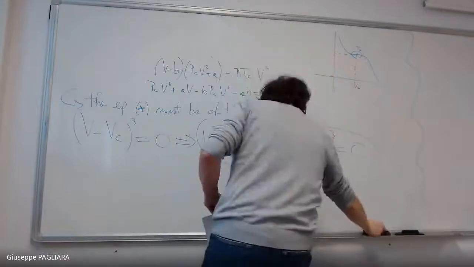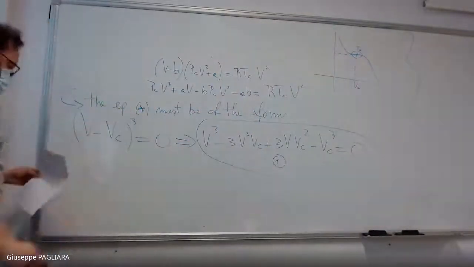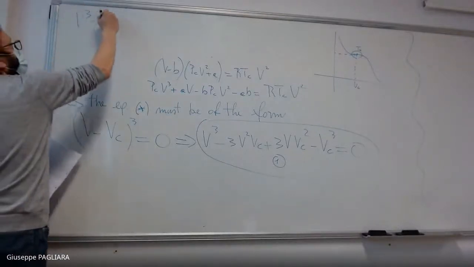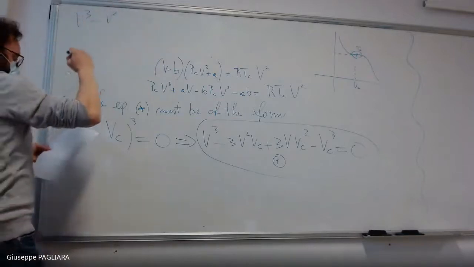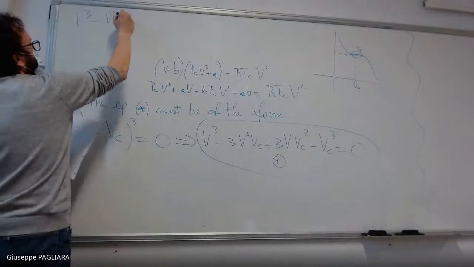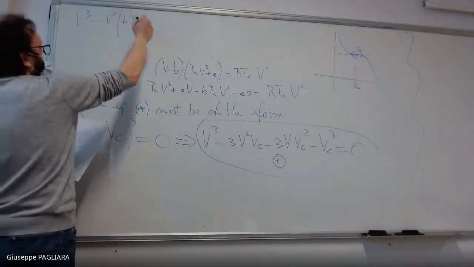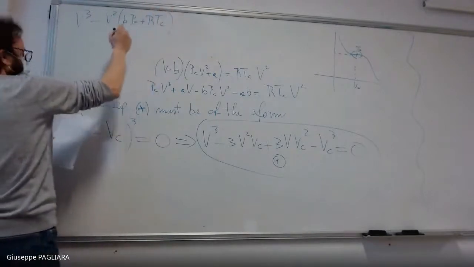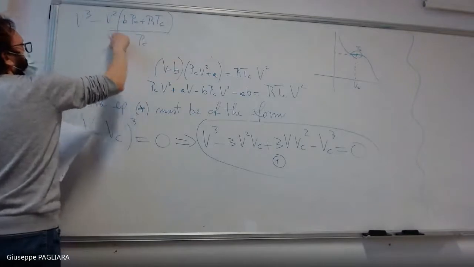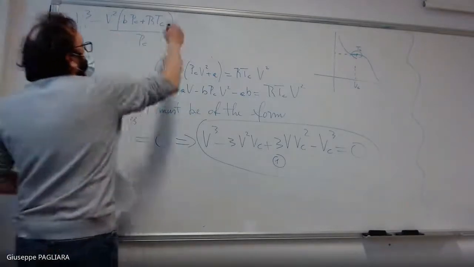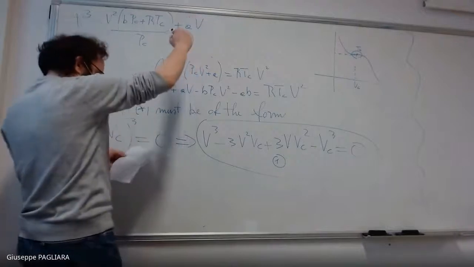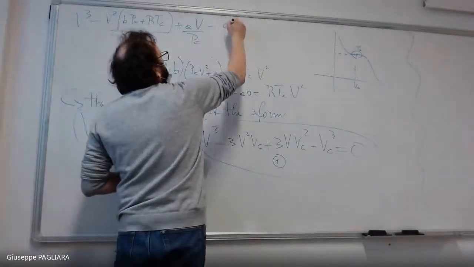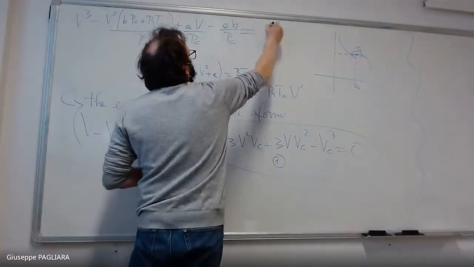You work a little bit this equation, and you finally get the following equation: V cubed minus V squared, then here we have B Pc plus R Tc divided by Pc, and we have plus A V divided by Pc, minus AB divided by Pc equal to 0.